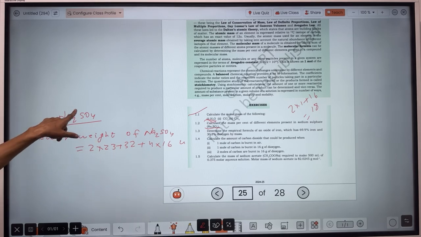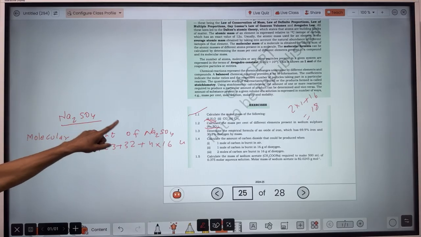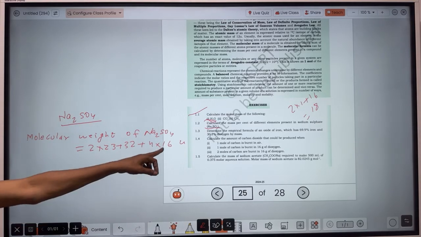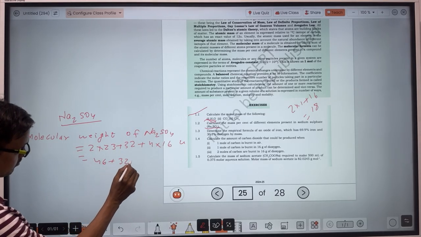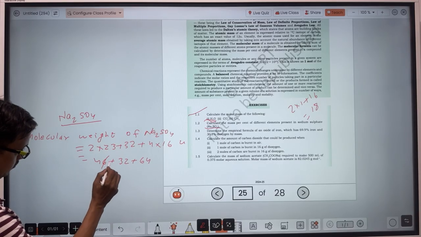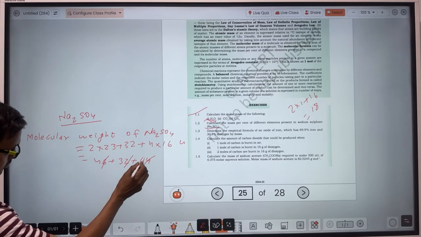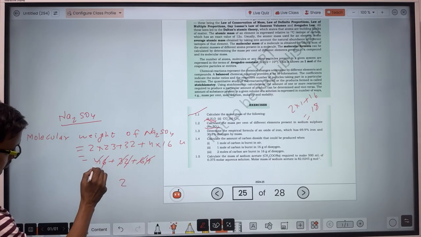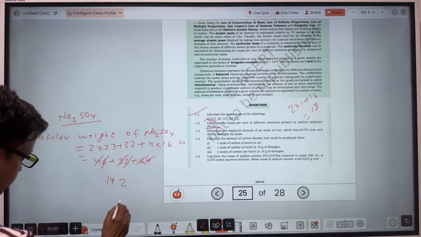Sulfur atomic weight is 32. Here there is 4 oxygen, so 4 into atomic weight of oxygen is 16. So that is equal to 142 U.